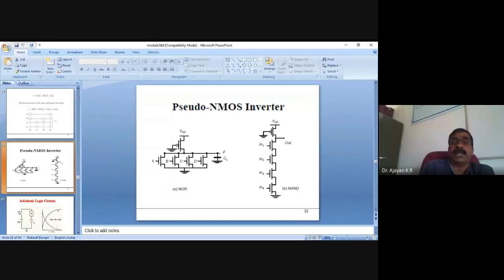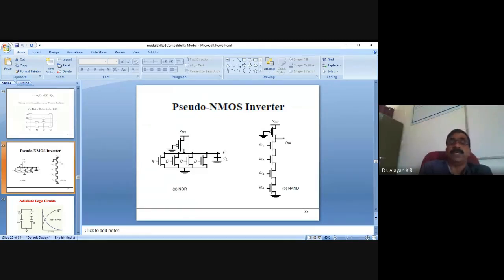So when one of the NMOS transistors is on, the capacitor will start to discharge through the NMOS. At the same time the capacitor is charging through the PMOS. If the design is such that the PMOS charging is weak and NMOS discharging is strong, then the discharging will exceed the charging and the capacitor will go to low voltage. In all other conditions we will get a high voltage.